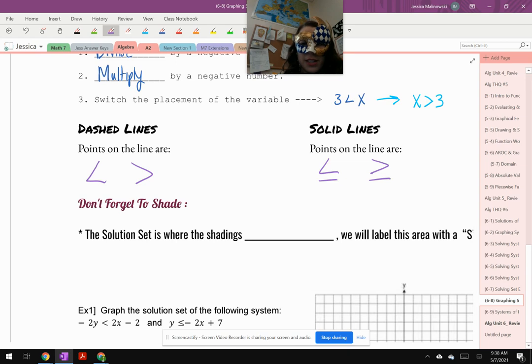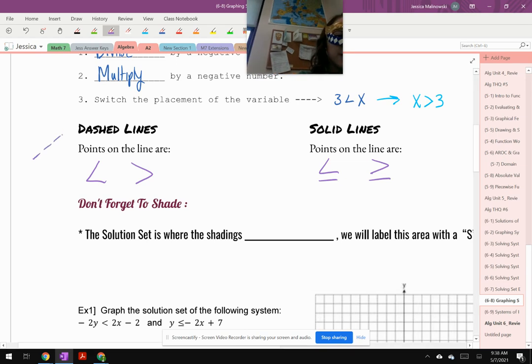And don't forget, when you're looking at these dashed lines, if you have a point that is on the dashed line, points on the line are not included in the solution set.